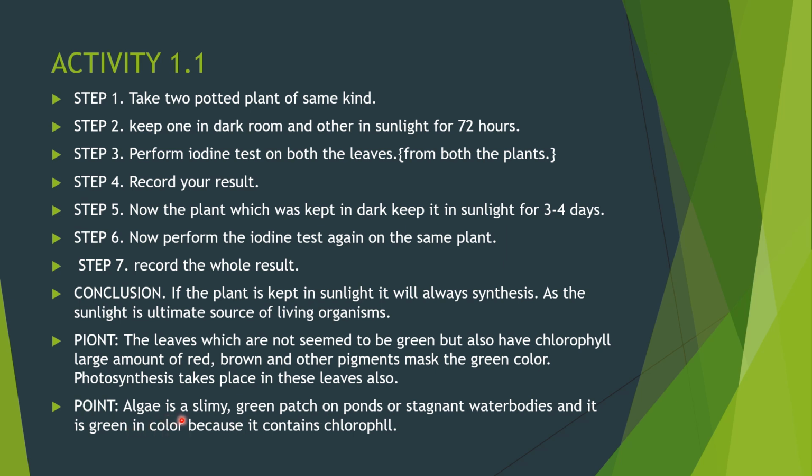Second point: algae is a slimy, green patch on a pond or stagnant water body, and it is green in color because it contains chlorophyll. We know algae. It is mostly found in the rainy season on water bodies or everywhere, where we can see some green patches.